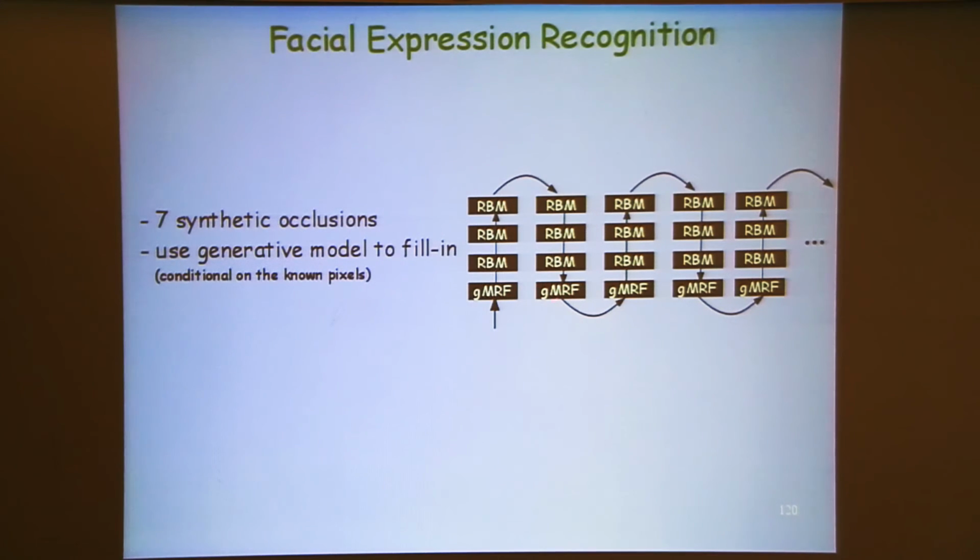But now when you generate from the gated MRF, you not only condition on the first layer hidden units, but also on the pixels that you know are not occluded. Now, when you have a Gaussian distribution, you condition on some variables, the conditional distribution is still a Gaussian, so we know how to sample from it. And if you keep repeating this process, eventually you're going to infer what are the missing pixels.